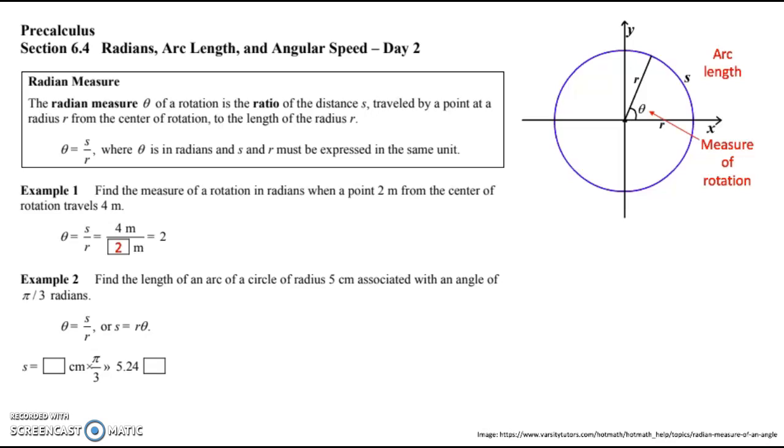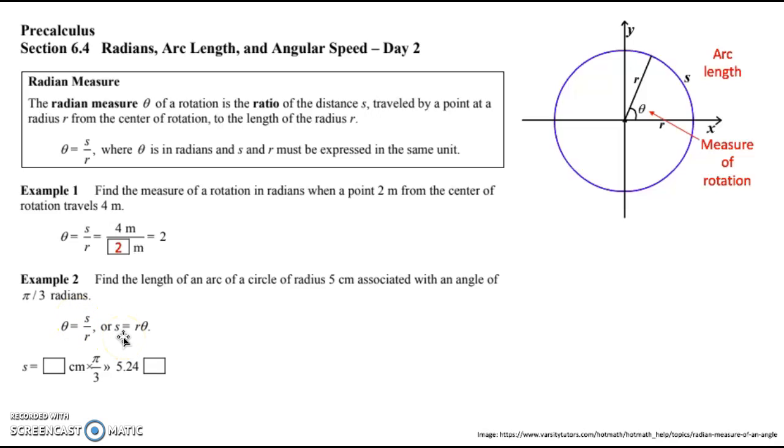Find the length of an arc of a circle of radius 5 centimeters associated with an angle of pi thirds radians. So we're looking for this particular piece. We want to know what our arc length is. So let's solve for s by multiplying each side by r.